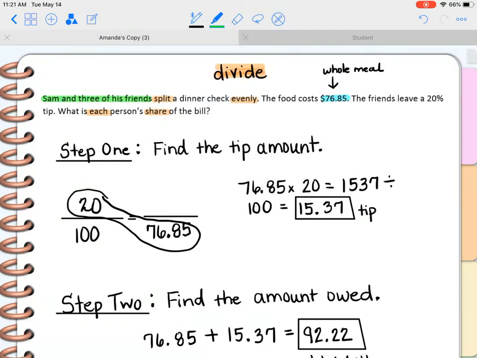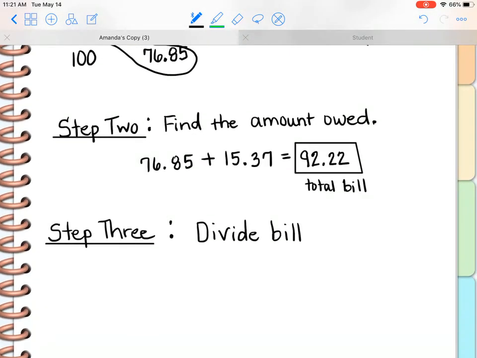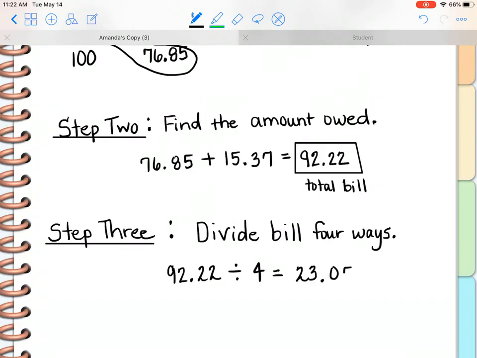Sam and 3 of his friends. How many people is that? It's not 3. It's 4. So we have to divide the bill 4 equal ways. So we're going to take the 92.22, and it still should be on your calculator screen, and just press divide 4 because there are 4 people. And we end up with 23.055.